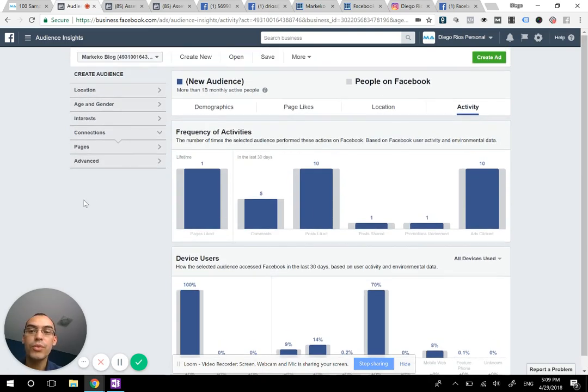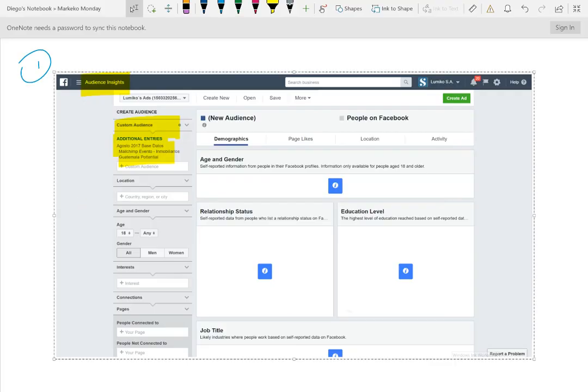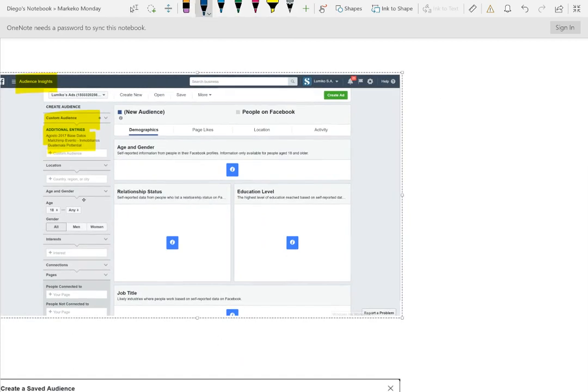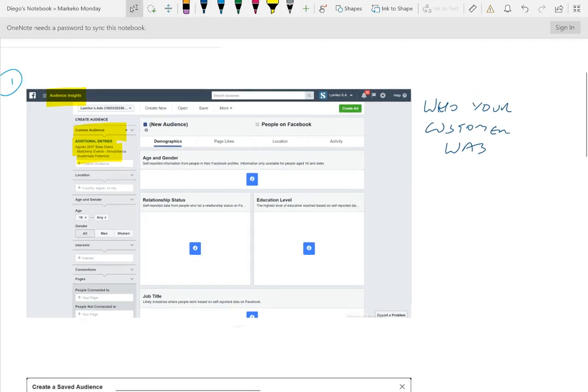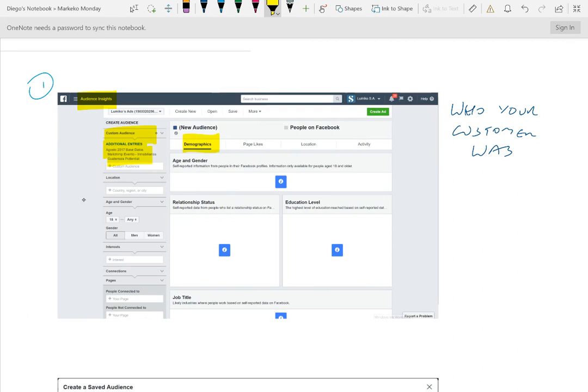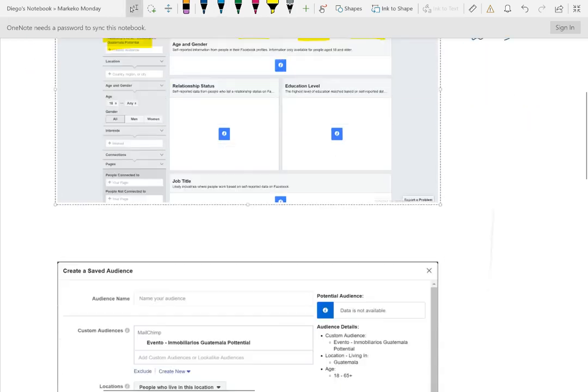So this used to be really helpful to understand who your customer was, because you could just upload a database into Facebook, analyze it, and get a better sense of demographics, page likes, location, and activity. This has been key, at least for us. And a lot of businesses, the number one mistake they make is that they don't know who their audience is.